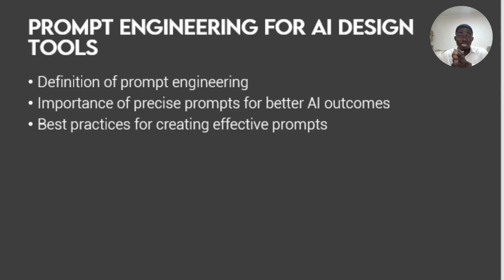Whatever you type to the AI app is called a prompt. Okay, it's called a prompt you are typing. And these prompts that you are typing should be engineered, they should have a structure, okay, which will allow you to get the results you are looking for.